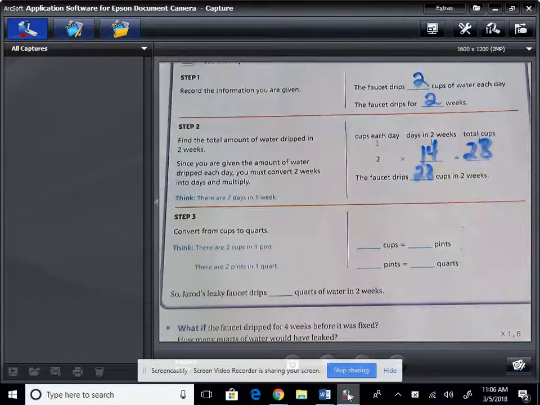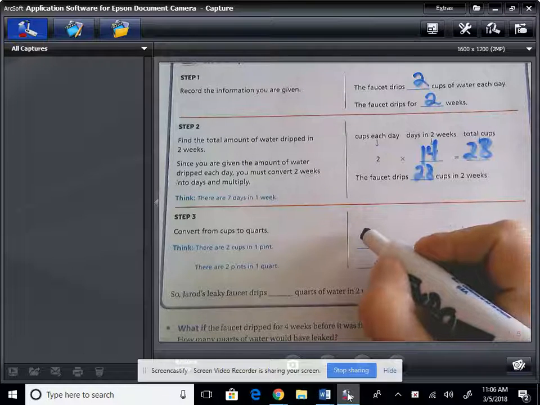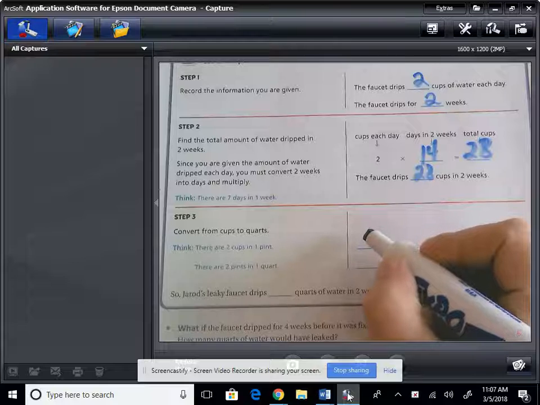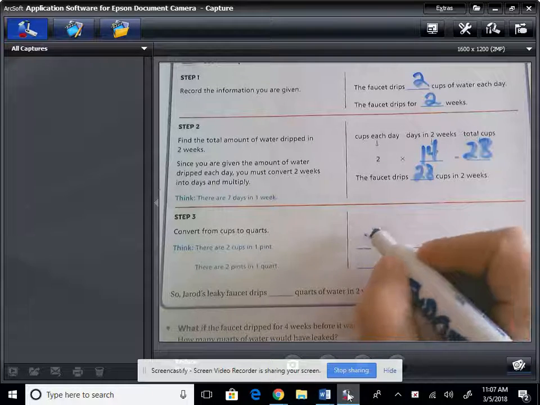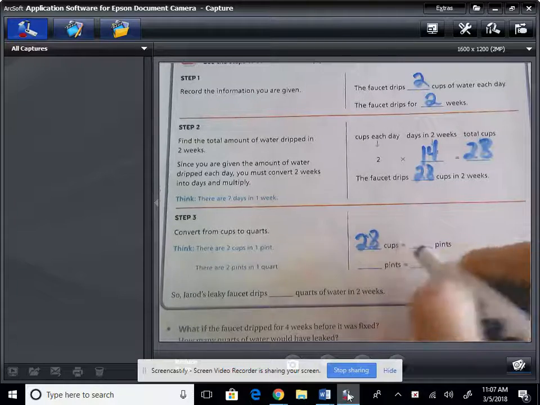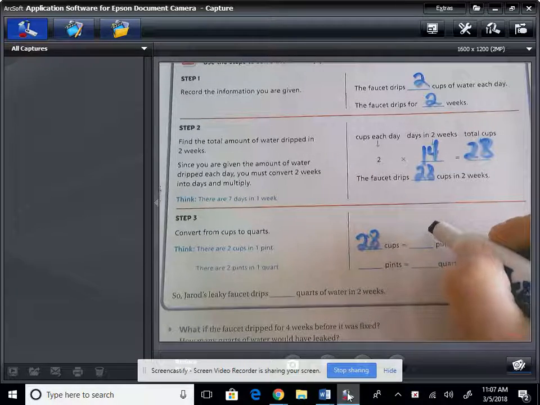So now I've got to do, there are 2 cups to each pint, so 28 cups equals how many pints? Well, there's 2 cups to each pint.